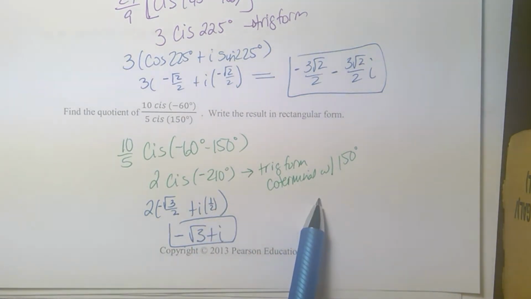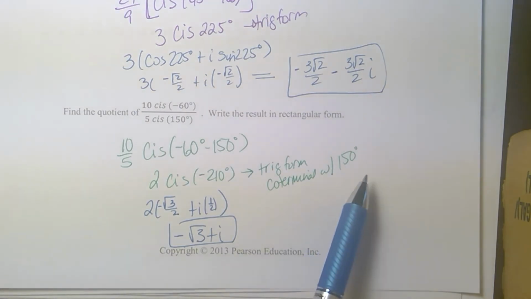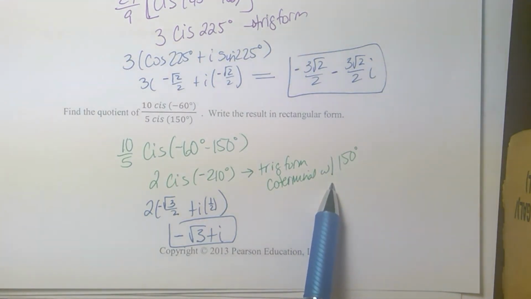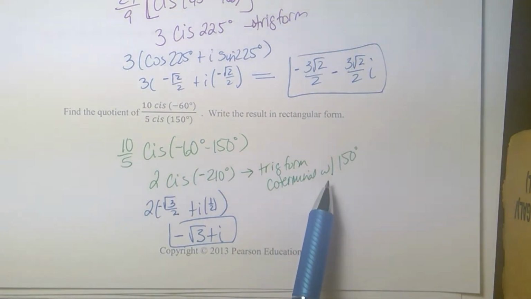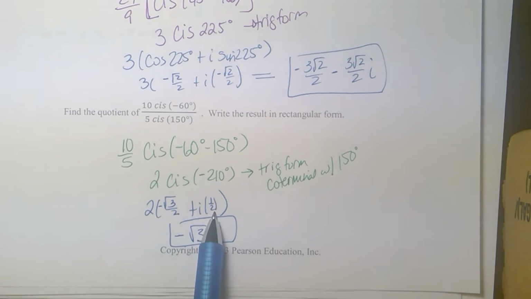And by adding 360 or by doing the rotation, I discover that it's coterminal with 150 degrees. Well, I know how to think about 150 degrees. My cosine and sine function values at 150 in quadrant 2 are negative square root 3 over 2 and 1/2. So this complex rectangular form is negative square root 3 plus i.